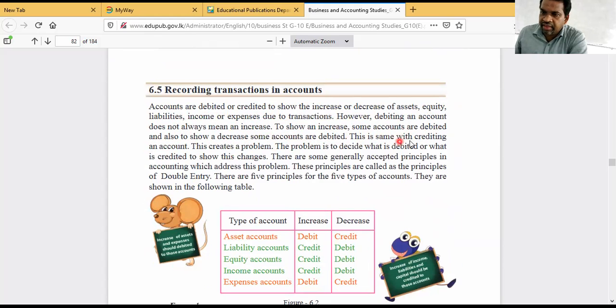This is the same with crediting an account. This creates a problem: deciding what to debit and what to credit to show these changes. There are some generally accepted principles in accounting which address this problem. These are called the principles of double entry. There are 5 principles for the 5 types of accounts. They are shown in the following table.